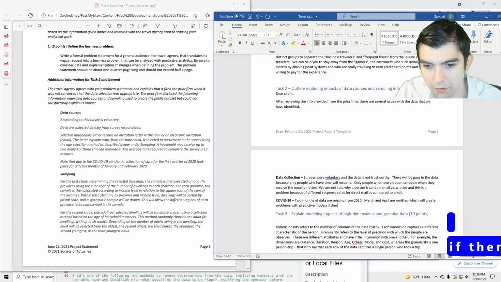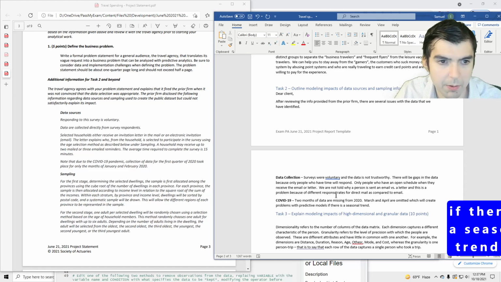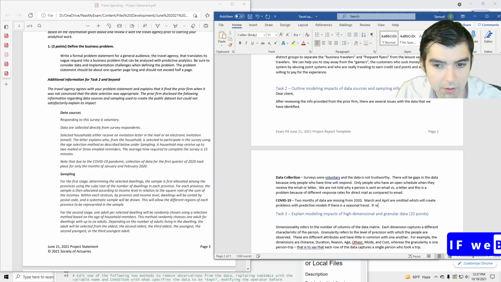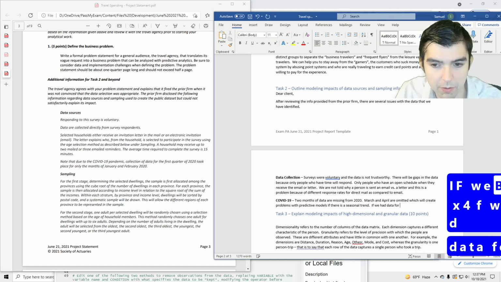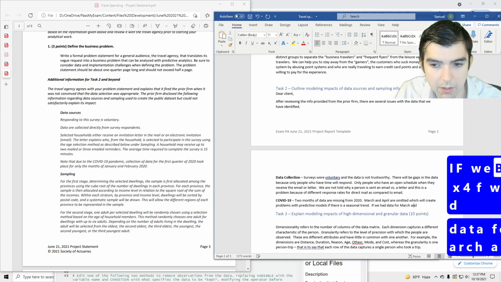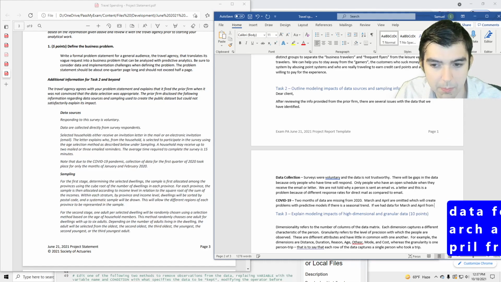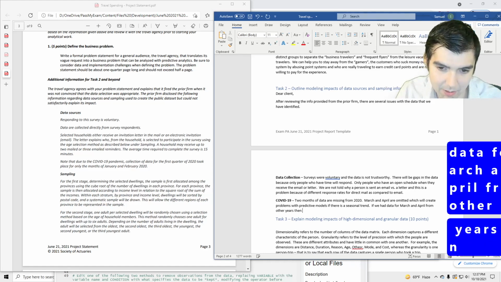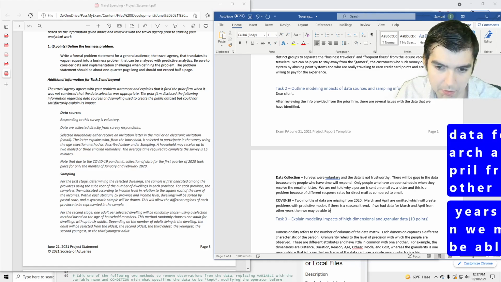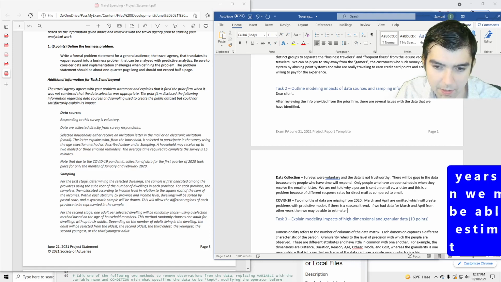If there's a seasonal trend, right? Do we have other years? We have other years. We had data for March, April from other years. Well, then we may be able to estimate this.